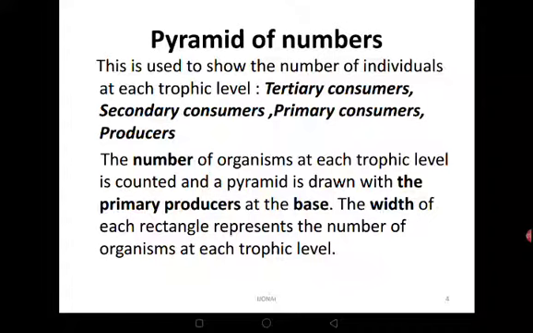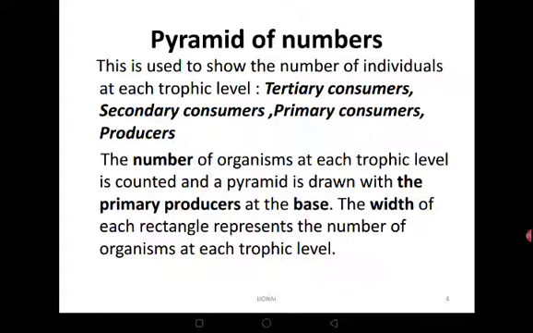So if you went around and counted the number of organisms at each of these trophic levels, and then you try to represent them in a rectangular form to form a pyramid, you would be making what we call a pyramid of numbers.